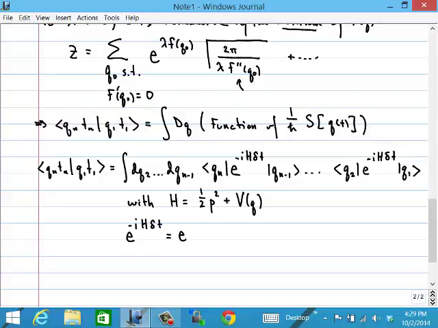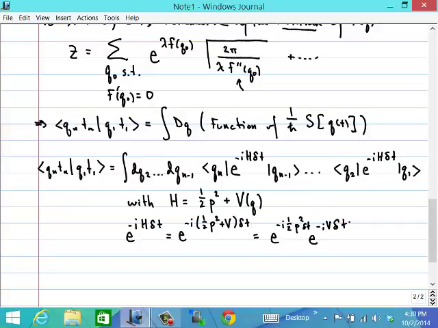Well, that's e to the minus i times (1/2 p squared plus V) delta t. What I'd like to do is go ahead and rewrite this as a product of two terms, one of which is the kinetic term, and the other of which is the potential term.